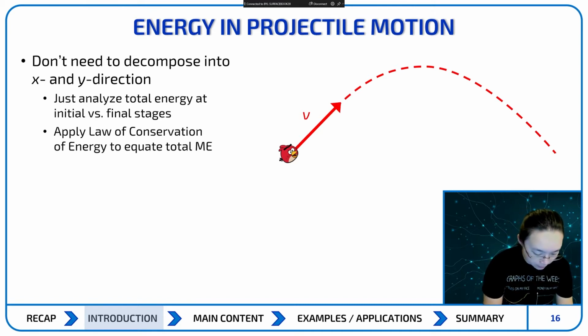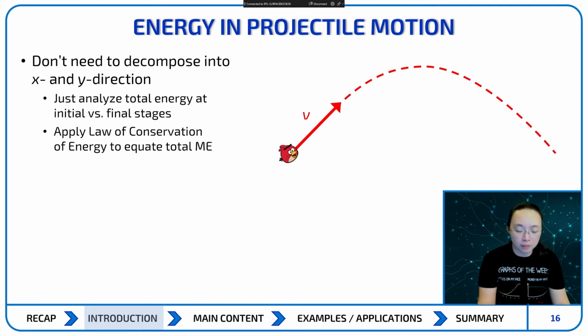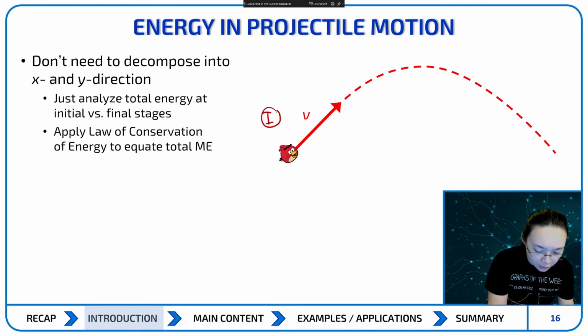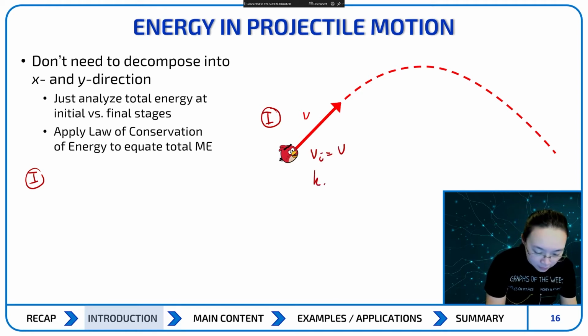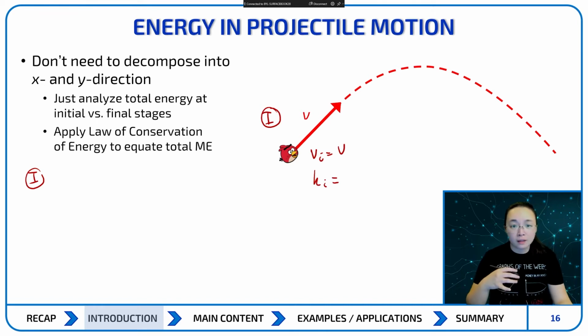So let's take a look here. I know that this is the initial stage. Initially, Vi is equal to V, so that's the initial speed. I know that the initial height, because it's on the ground, has to be 0.